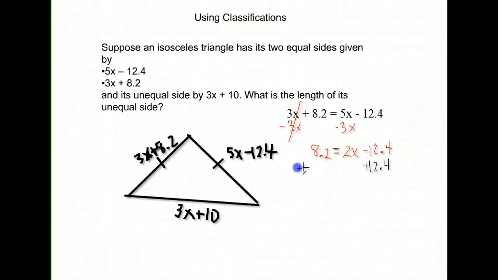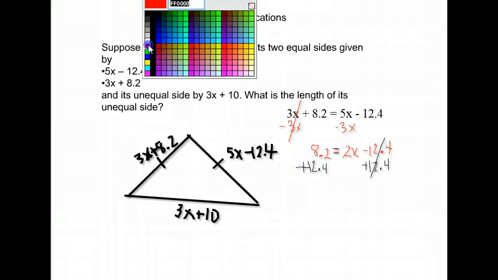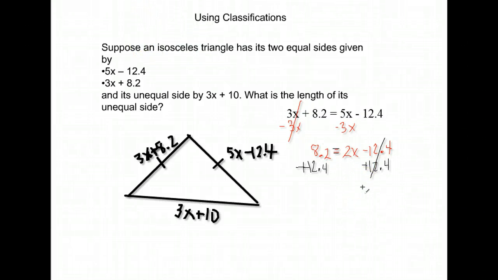So it's minus 12.4, so I'm going to add 12.4 to both sides. And you can start with either thing on that first step. We could have started with either, moving the 3 or the 5. Okay, that gives me that 2x equals 20.6.